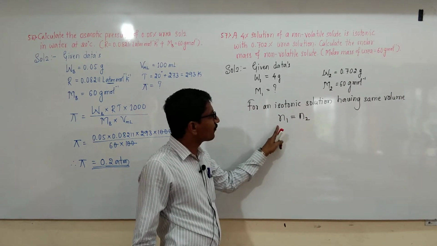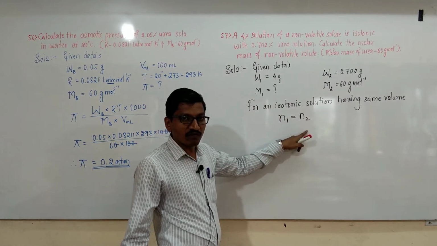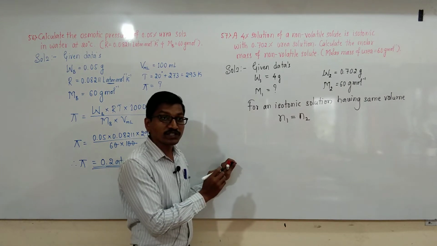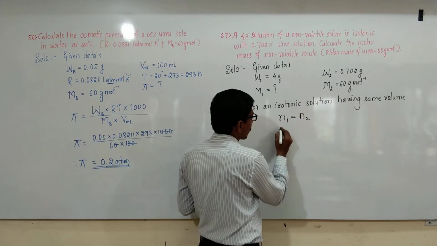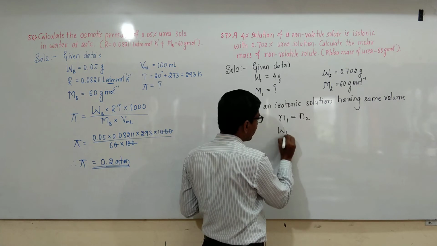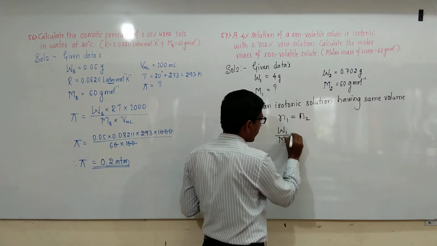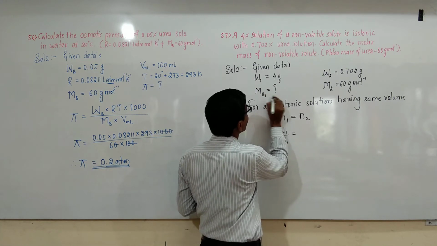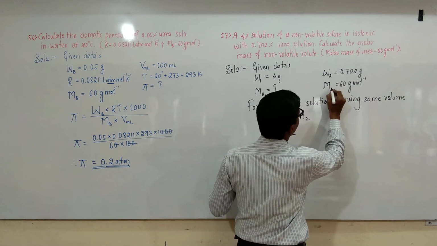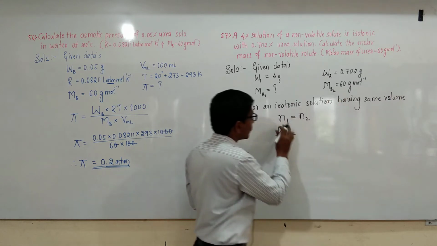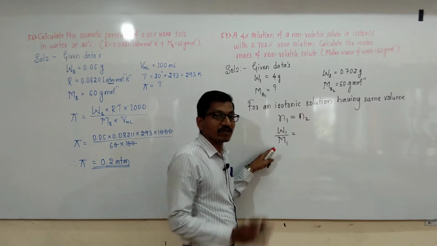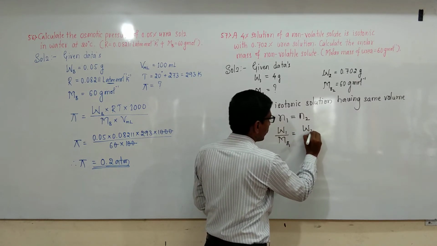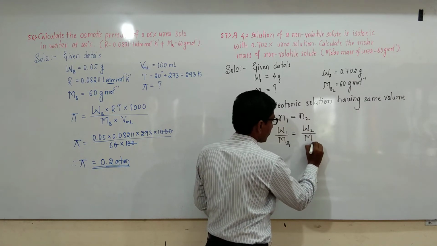Number of moles of first component is equal to number of moles of second component, and number of moles is nothing but weight by molar mass. W1 divided by MB1 is equal to W2 divided by MB2. It is written as MB1 and MB2, because M is nothing but molarity.